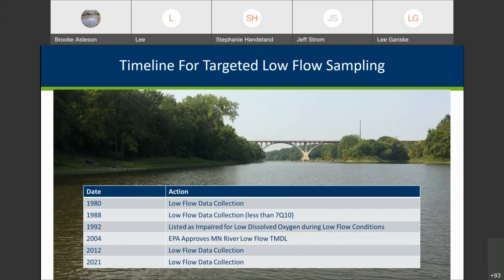More recently, so prior to 2021, the last time a low flow data collection effort was done was in 2012. So you can see, it's roughly every 10 to 15 years that conditions are low flow and allow us to go collect data. So it's a unique situation, and when that occurs, we want to make sure we get out there and get new data.